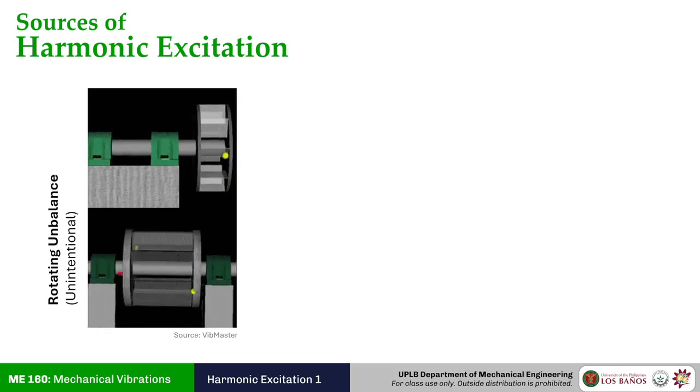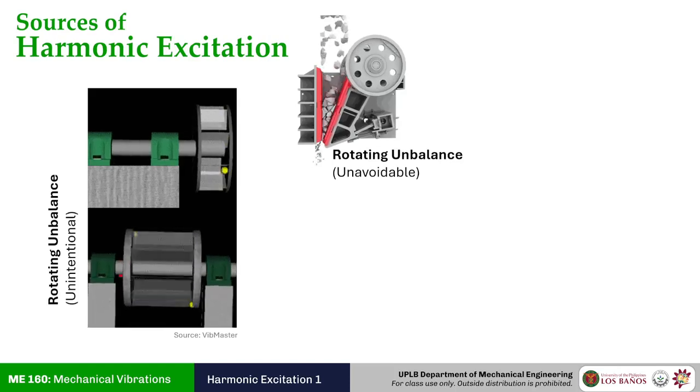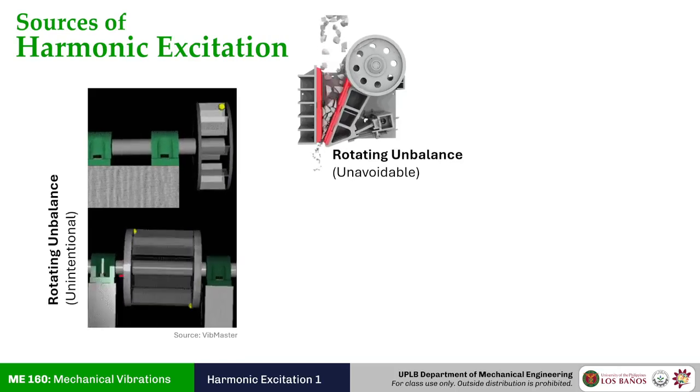But if it's just sturdy enough, but it still produces a vibration, that will be detrimental in the long run for your entire system. This rotating unbalance can be due to manufacturing defects, or it can be an unavoidable part of the system. For example, you have a reciprocating piston engine.